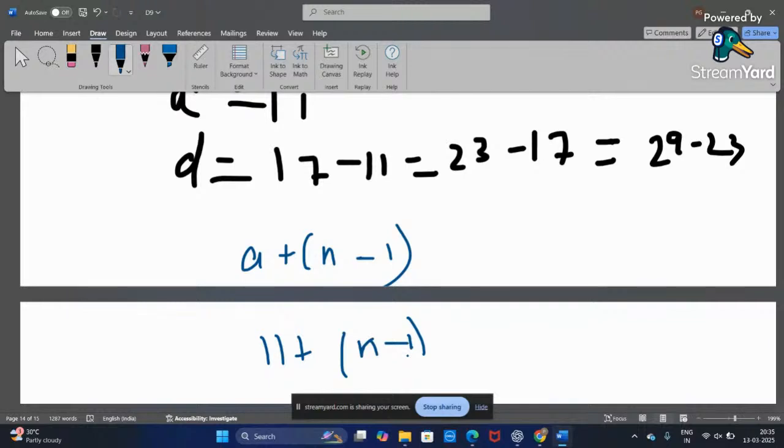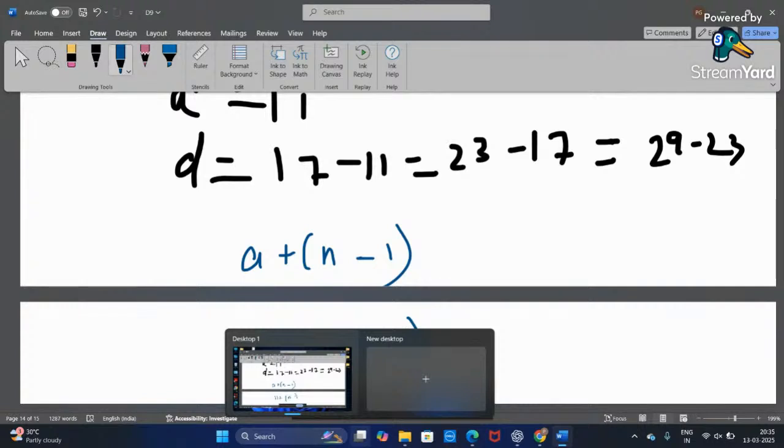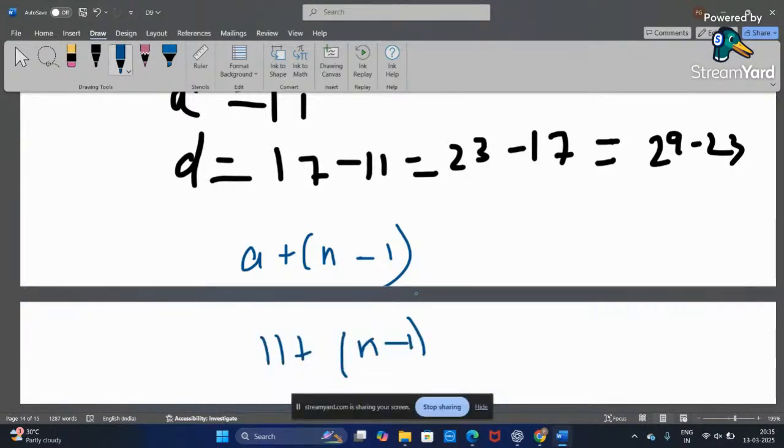So, how to solve this? Try to solve. What is n actually? The difference is how much? 6, right? Substitute here. Sorry, here it is D. Okay. This is n. We don't know n.